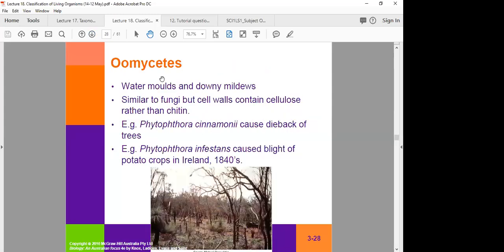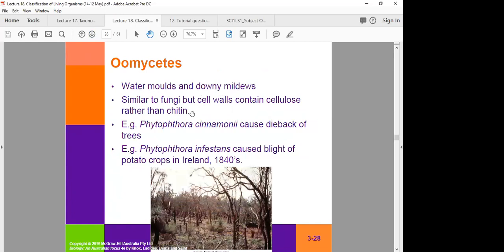All right, moving on to our next group of protists, the oomycetes, which includes water moulds and downy mildews. These are very, very similar to fungi, but the reason they're not in kingdom fungi is that their cell walls contain cellulose instead of chitin. So you can see the problem here sometimes with classification.